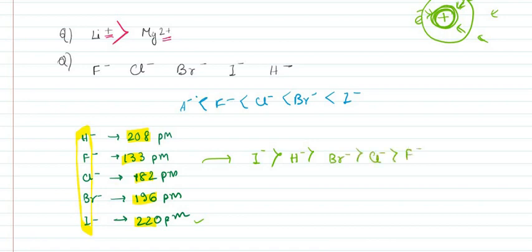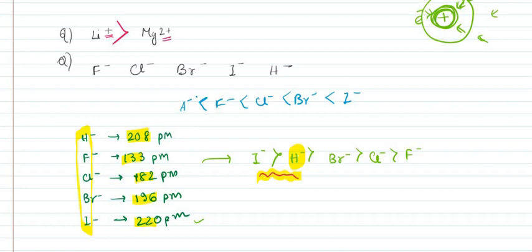So H- is actually very large in comparison to H, or hydrogen, which is actually a very small atom, but H- is comparable in size to iodide. It is so big. So if they give you this, you don't have to fret.